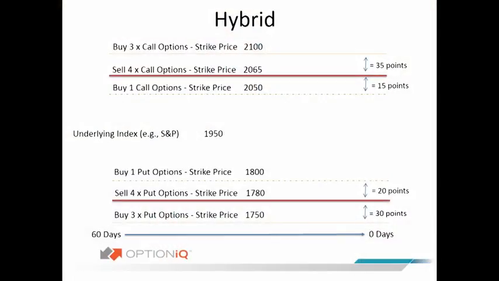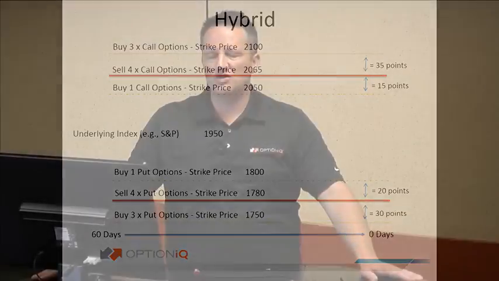Okay, next what I want to talk about is our third and final strategy. This is called the hybrid. Now, the hybrid strategy is used in volatile markets. That's the purpose of this strategy. And because it's used in volatile markets, we have two types of options that we buy for protection.